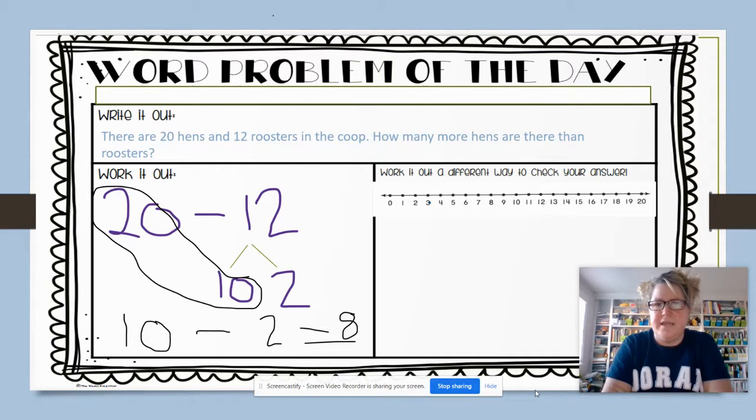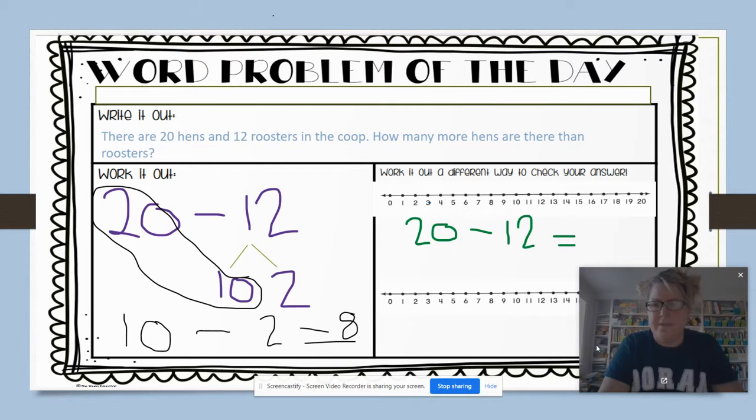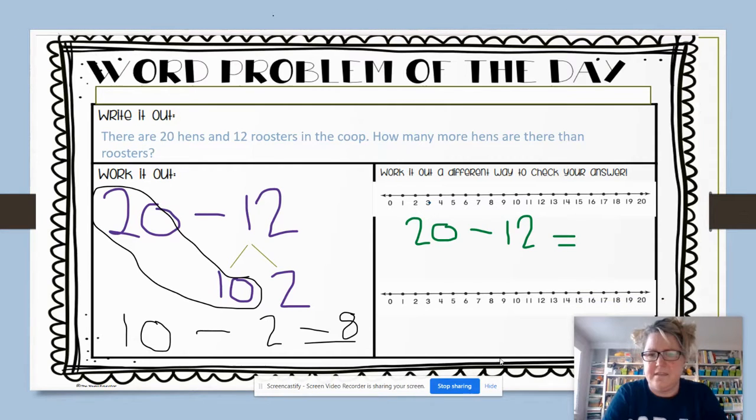So here's my number line, same one as we've had in the past. And I'm going to rewrite that equation, 20 minus 12 equals, and notice that doesn't change. And then I'm going to have my number line here. I'm just going to move my picture so you can see.